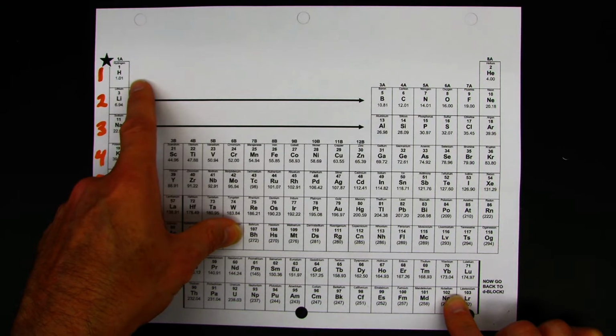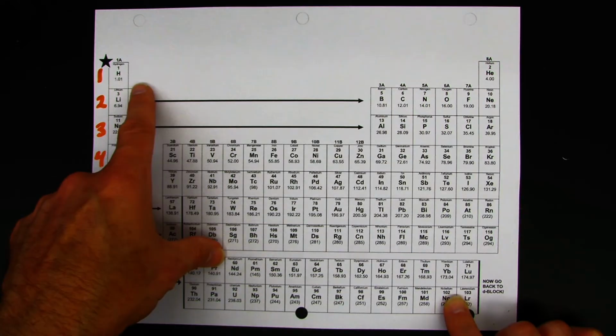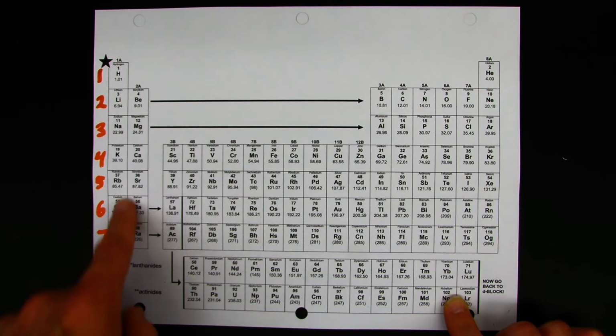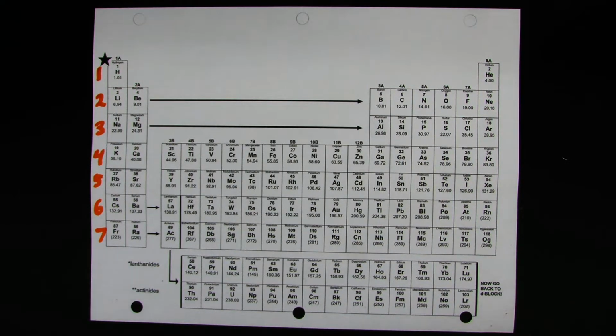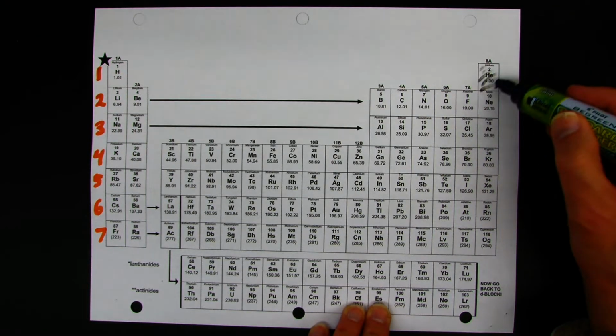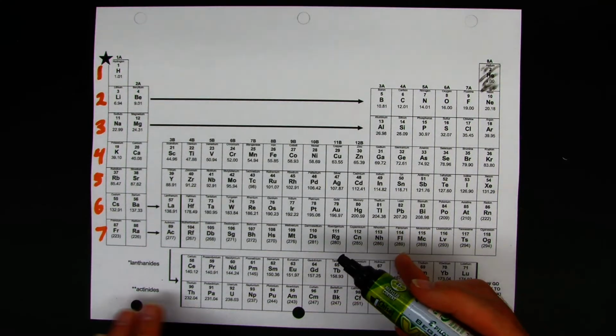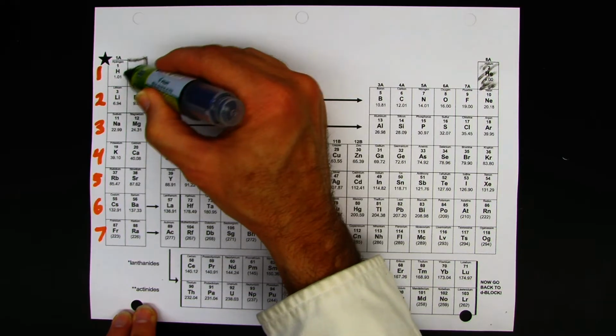The 1s sublevel can only fill 2 electrons, and so that goes to helium. I'm kind of jumping ahead of myself. So we're going to cross this out a little bit and move that over here. So we've got He.